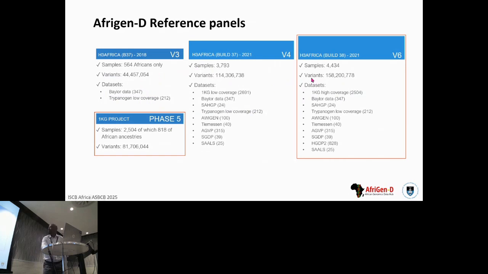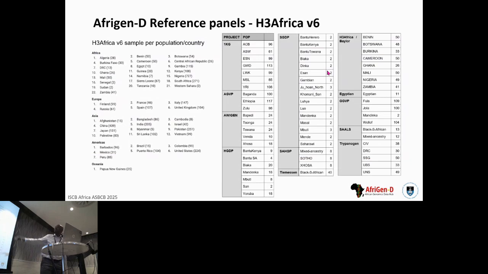But now, with the latest version of the reference panel, we have about 4,000 samples, which also includes the 1000 Genomes data. And as you can see in the next slides, you can see all the populations currently included in this reference panel.